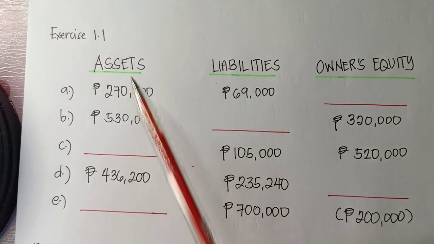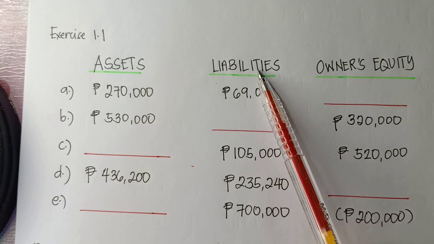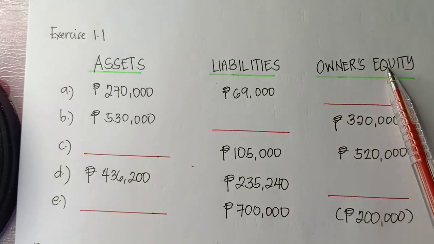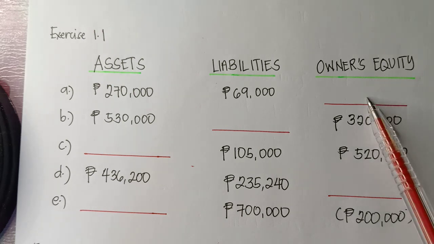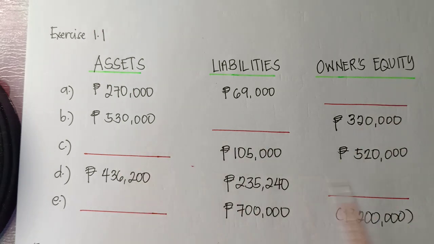We have the assets, liabilities, and owner's equity, and as you can see, there are missing elements here. What we are going to do is compute how much the missing amount is in each item. Okay, are you ready, class?